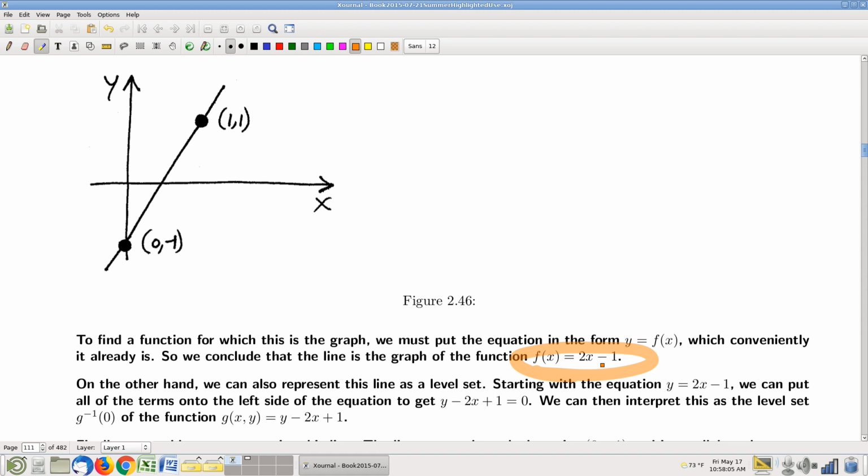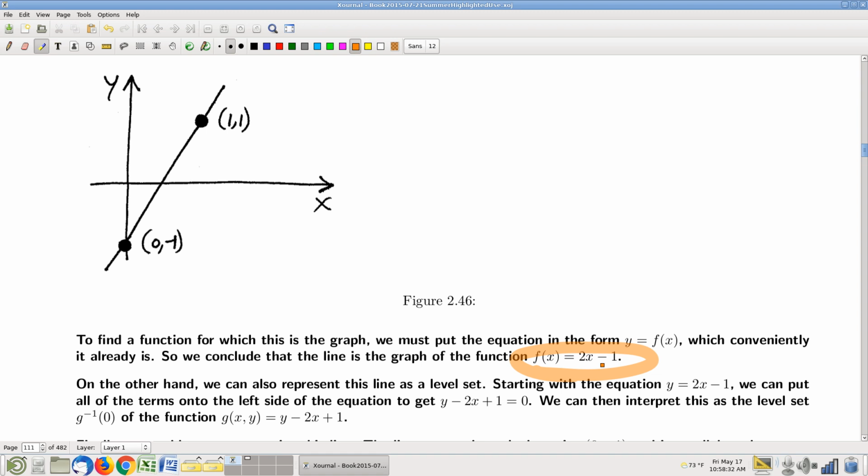You have to make sure to always distinguish yourself in what you write from a student who does not understand these points. If you write, this is the graph of y equals 2x minus 1, this makes it impossible for me as a grader to distinguish you from a student who doesn't understand the difference between a function and the graph of a function. So you've got to be ultra careful.